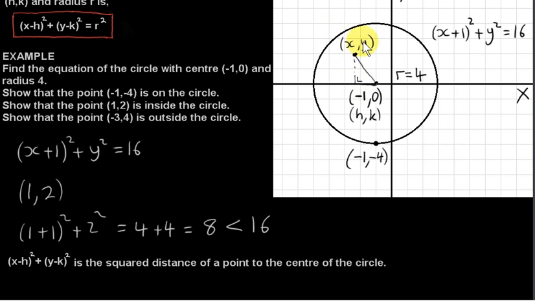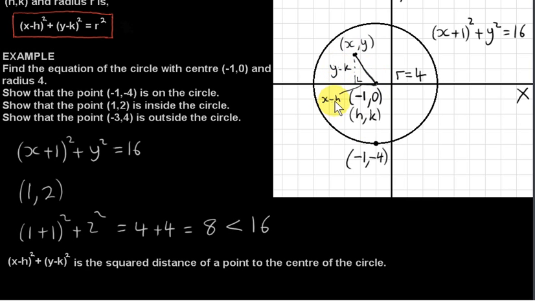The vertical distance here is y minus k. The horizontal distance is x minus h. To get the vertical distance, we just subtract the y values. To get the horizontal distance, we subtract the x values. We square both of these, and that gives us the square of this distance.